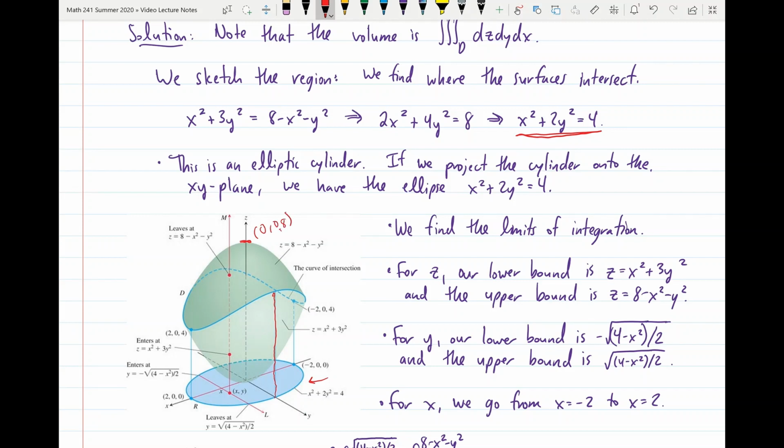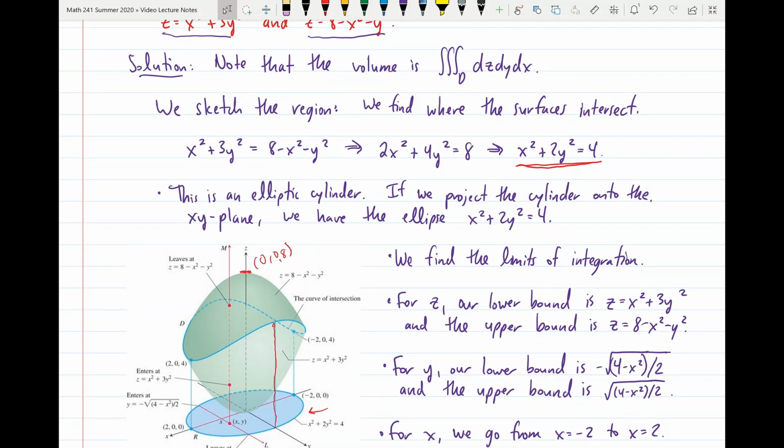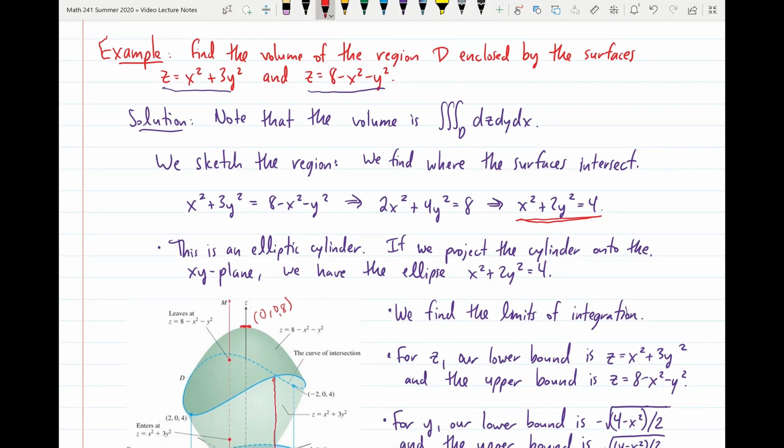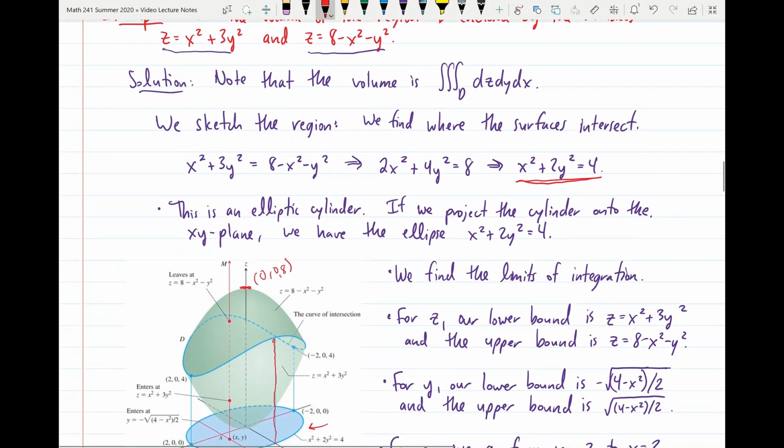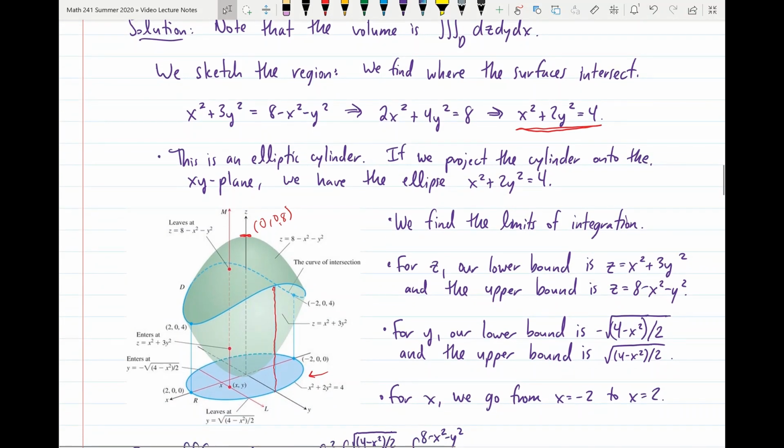And it's going to be a paraboloid, so you can think of it as a parabola that's being rotated around the z-axis that's going down towards the plane. And then you know that z equals x squared plus 3y squared is going to have cross sections perpendicular to the z-axis that look like ellipses. And these ellipses are getting bigger and bigger as we go up, which is going to give you that bottom green shape that you have right here.